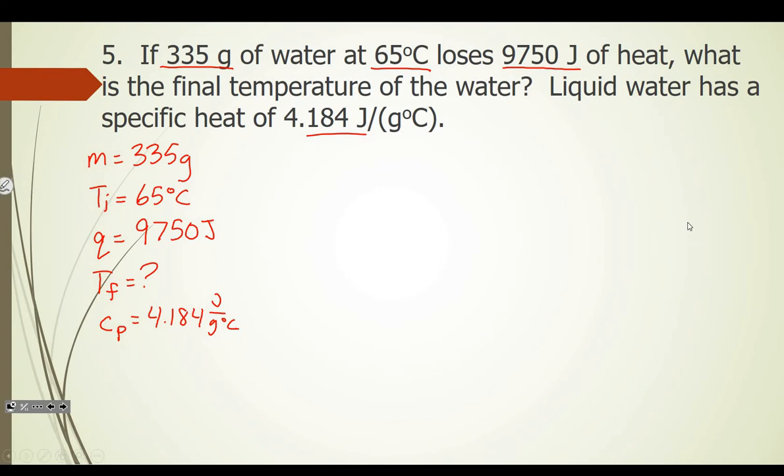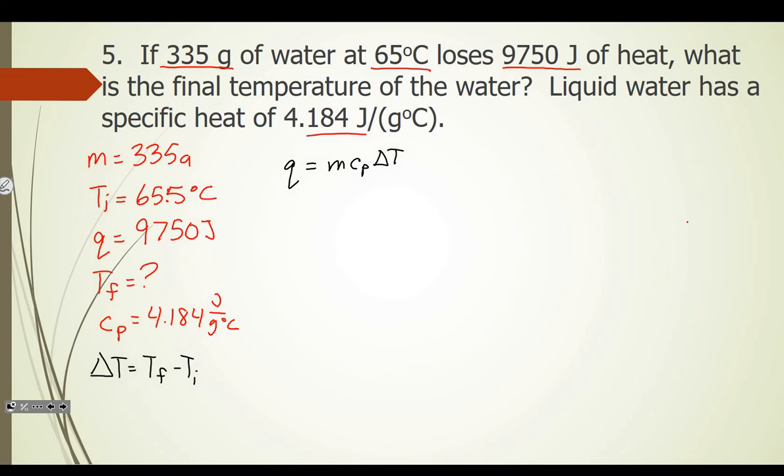So remember our equation was Q equals mass times specific heat times change in temperature. And remember that change in temperature equals TF minus TI. Okay, let's do that then. Yep, that's good. So yours said 65.5 degrees Celsius.